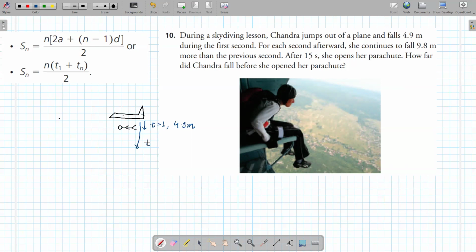So when t is 2, how far has she fallen? It would be 9.8 meters more than previous, right? So it'll be 4.9 plus 9.8, so that will be 14.7. T3 would be 14.7 plus 9.8. So in other words, what we're given here is that the A value, T1, is 4.9 meters, and your common difference D is 9.8 meters.